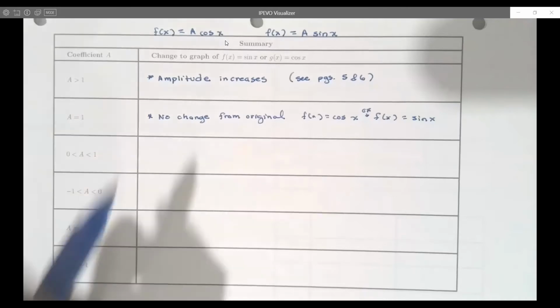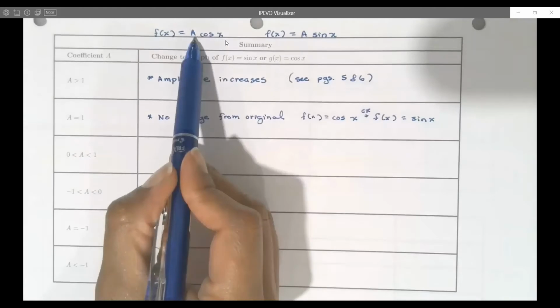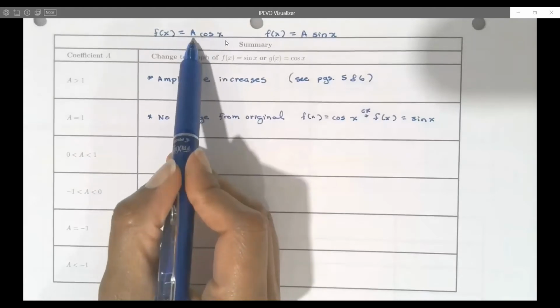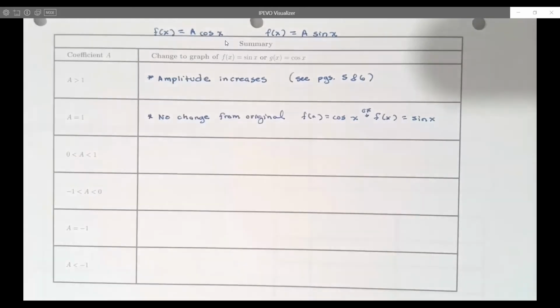Yeah, no problem. So what if the number is between 0 and 1? Let's say what if we have 1/2 or a third or 0.12, or any number that's a decimal or a fraction, what's going to happen? The amplitude's going to decrease. Yeah, very good.